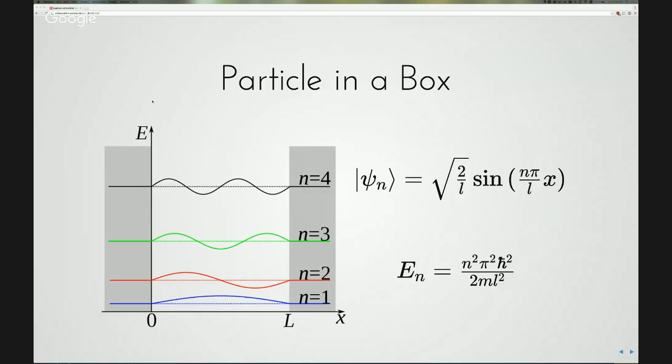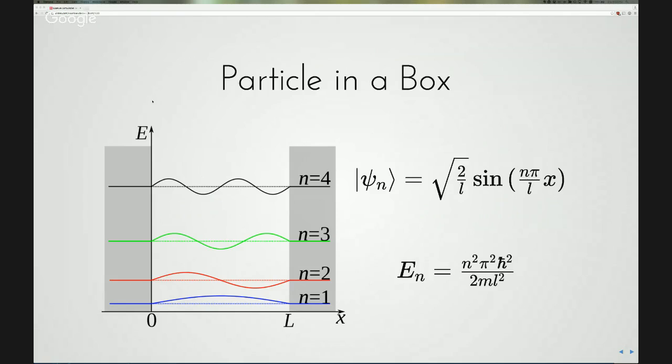This eigenbasis turned out to take the following form: square root of 2 over L times sine of n pi x over L. It is in fact a standing wave solution. If you think about how you represent a particle in a box as a wave, it needs to be a standing wave, and you will notice that no matter what the value of n is, it's going to be a standing wave. If you put in n equals 1, it's one long wave.